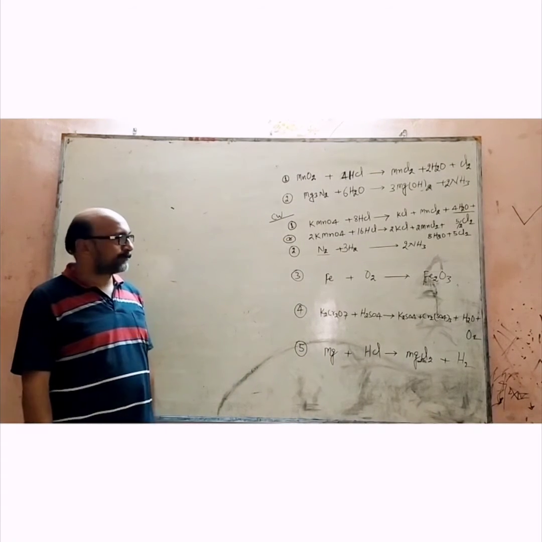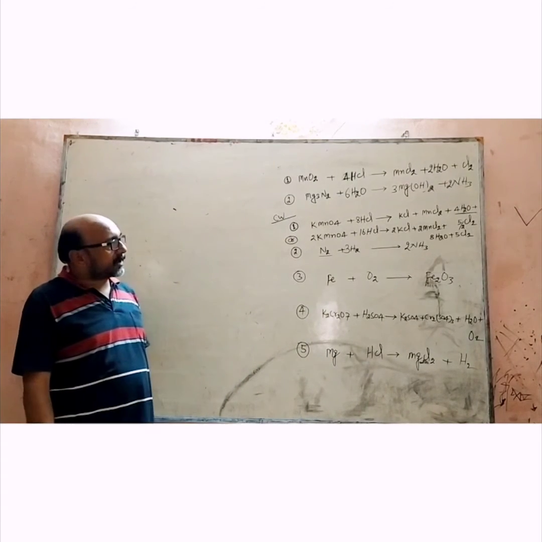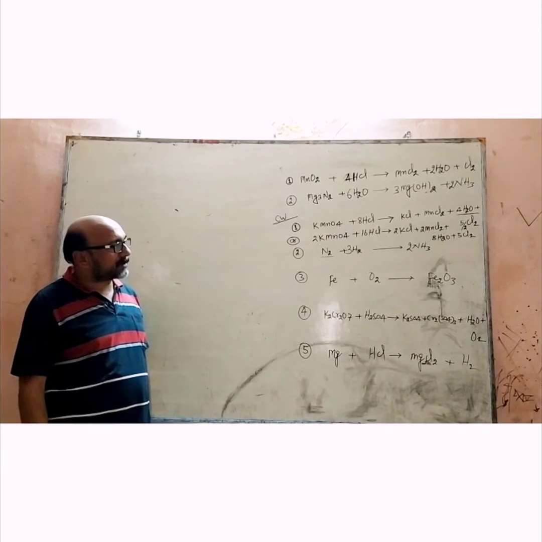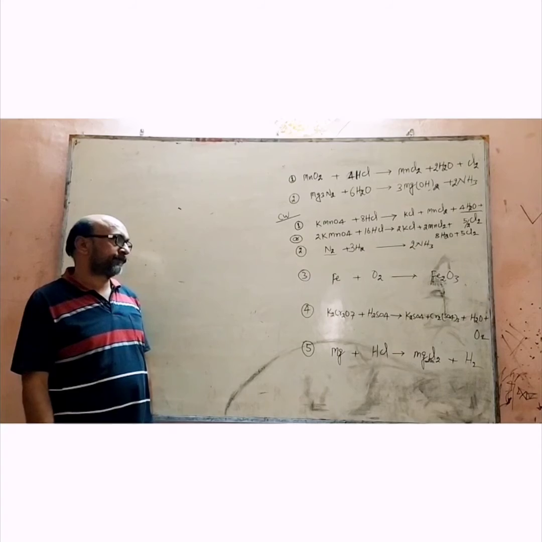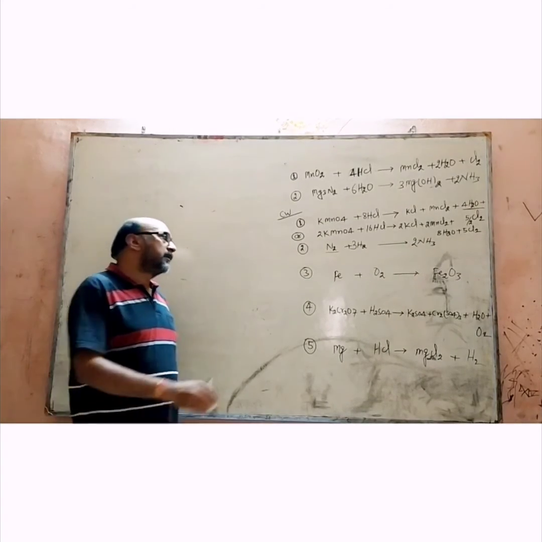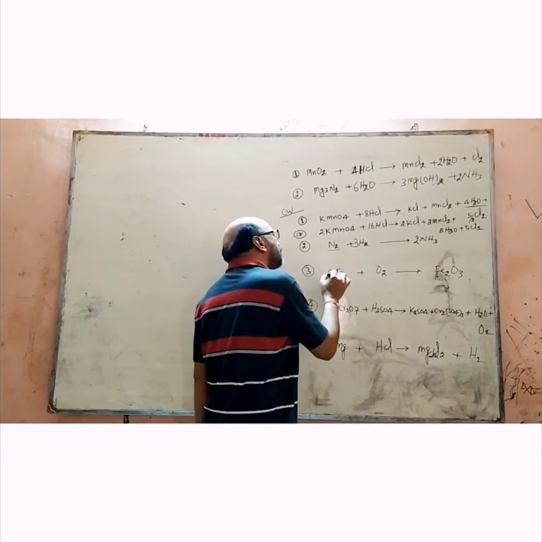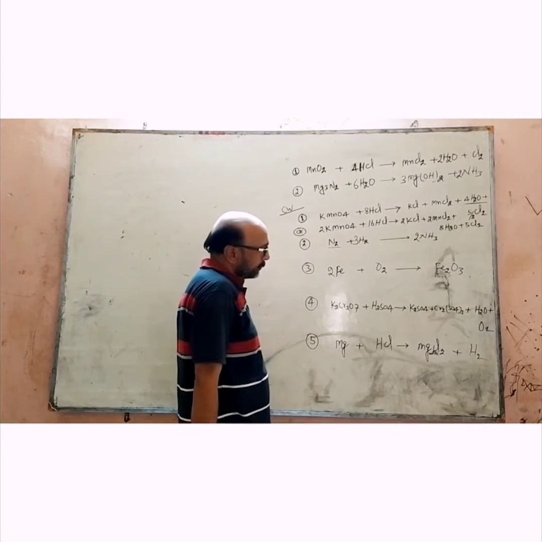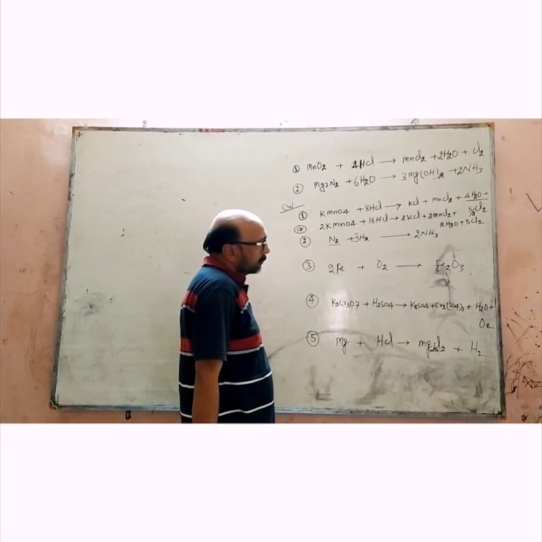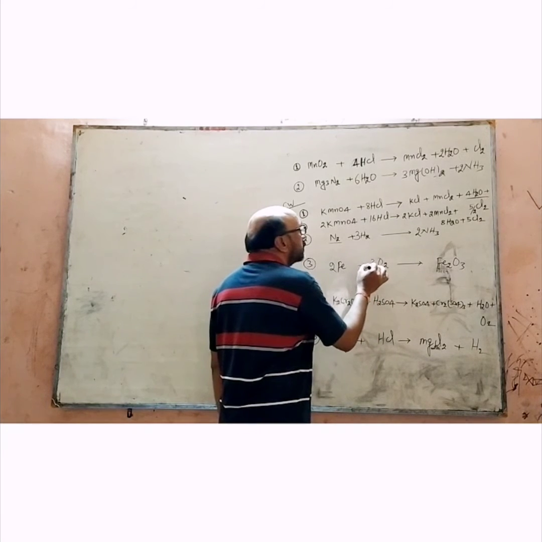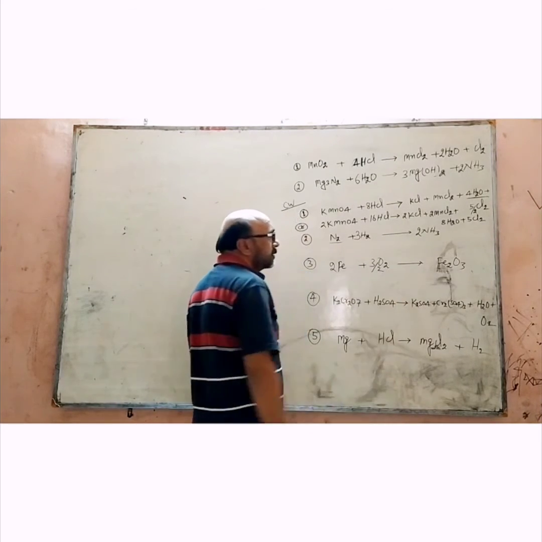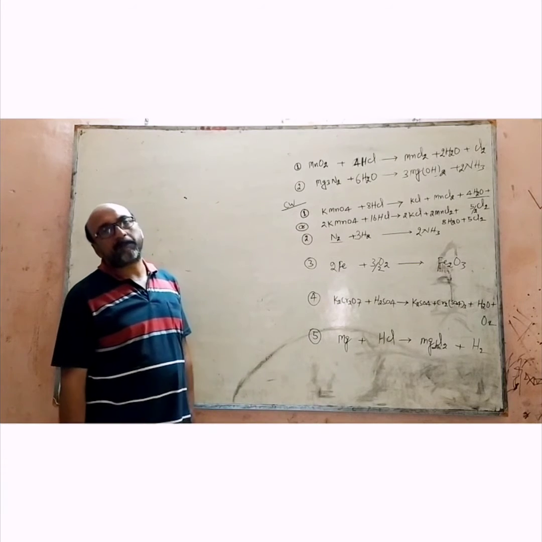Right? Now, the third chemical equation is Fe plus O2 gives Fe2O3. So multiply iron with 2, and oxygen by 3 by 2. It becomes balanced.